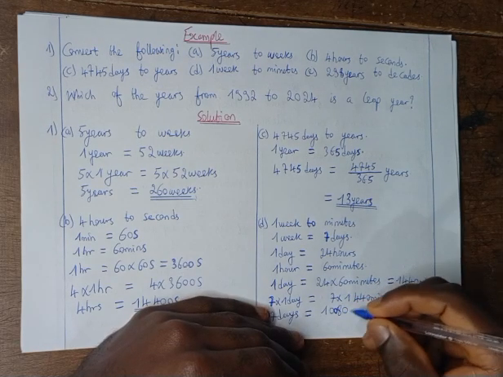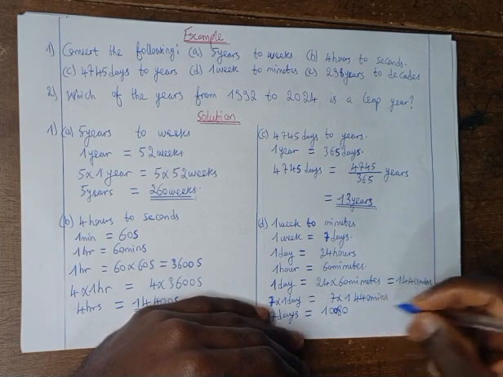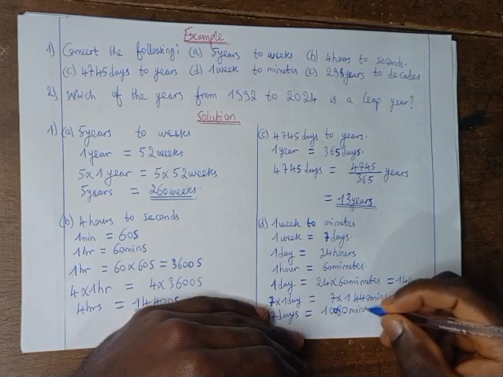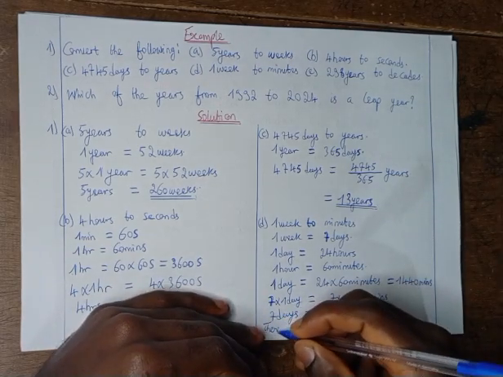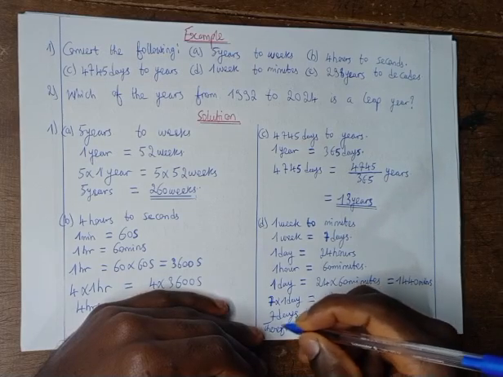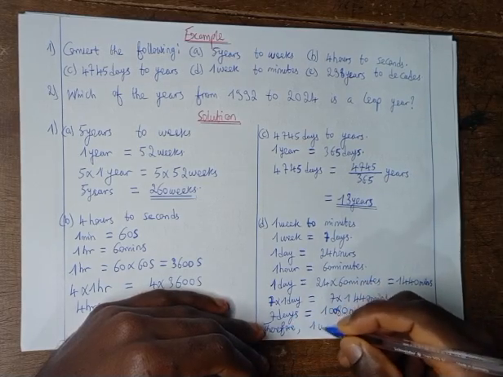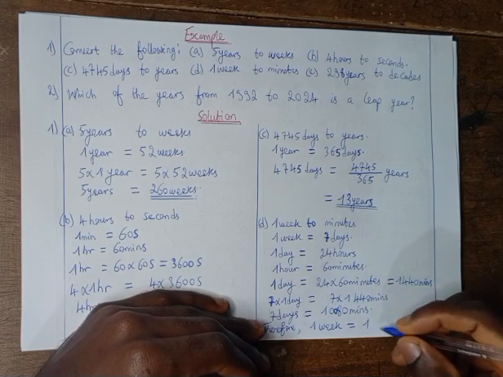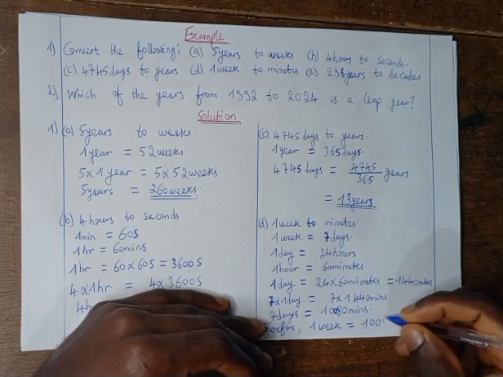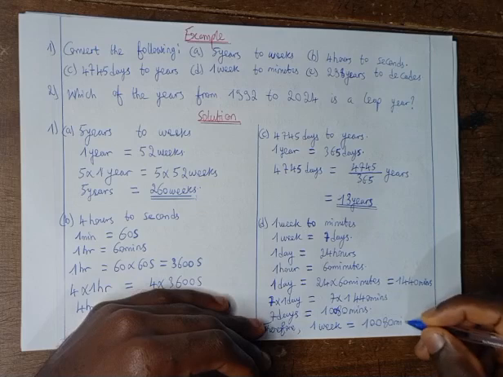This is 10,080 minutes. We conclude, therefore, 1 week is simply equal to 10,080 minutes.